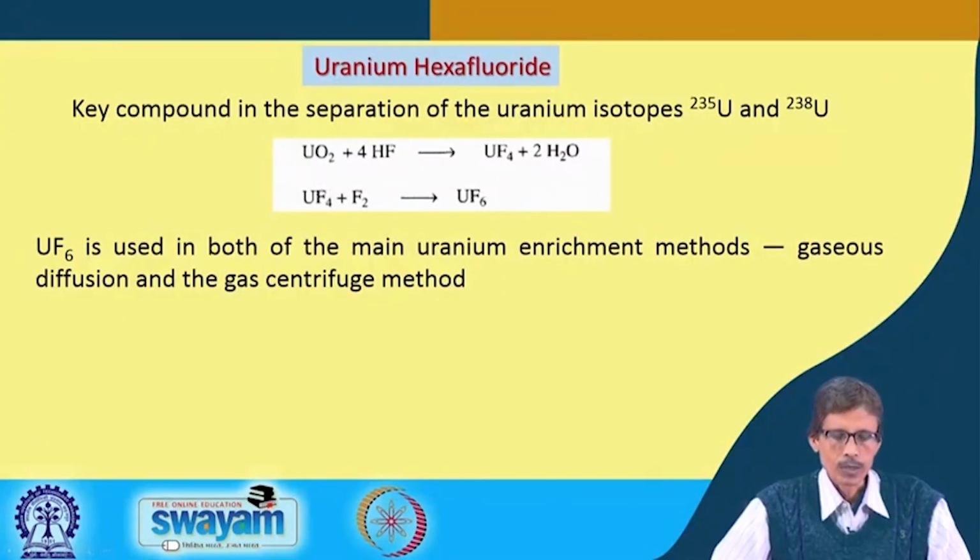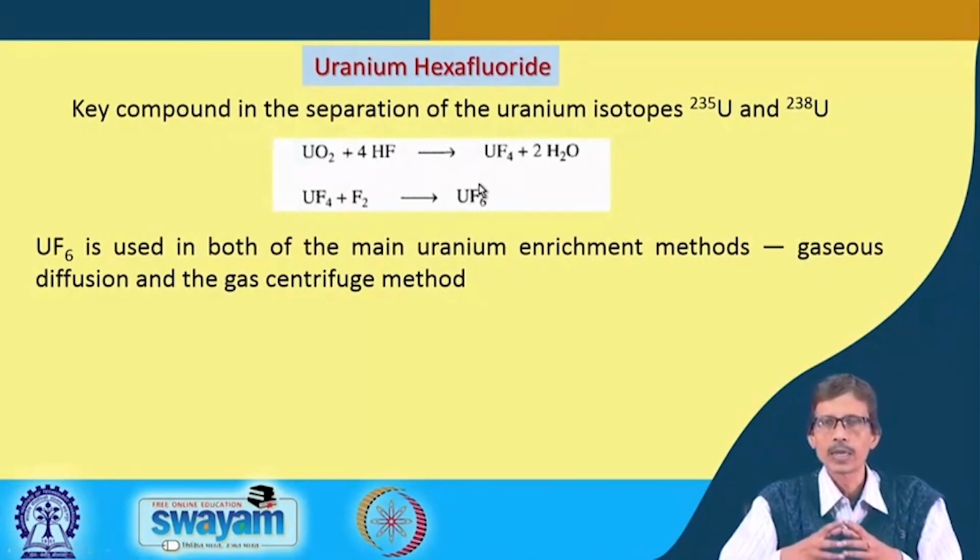So, because you are forming uranium hexafluoride here, and if you have the two isotopes uranium 235 and 238, depending upon the percentage of uranium 235 and uranium 238, you get two of these compounds which are isotopically different.